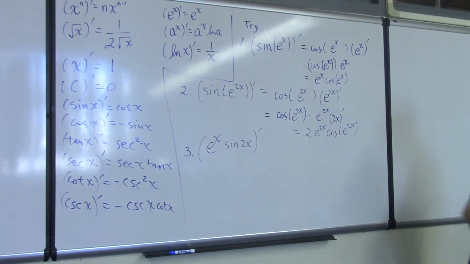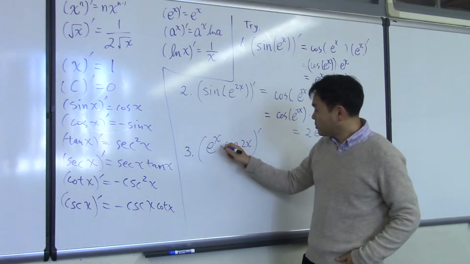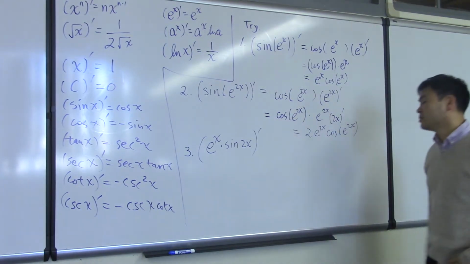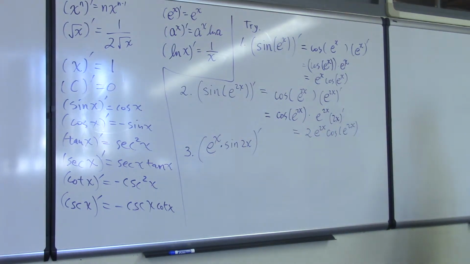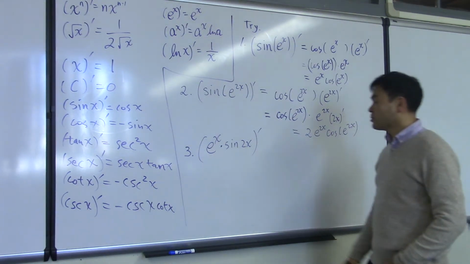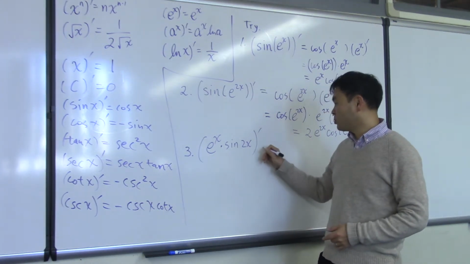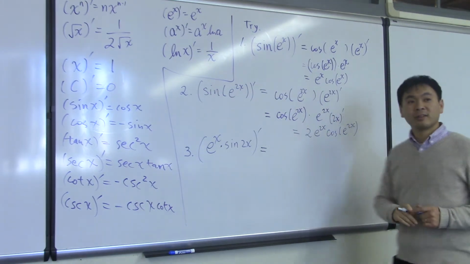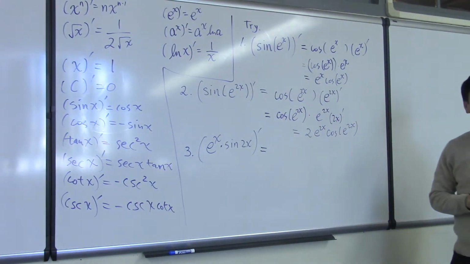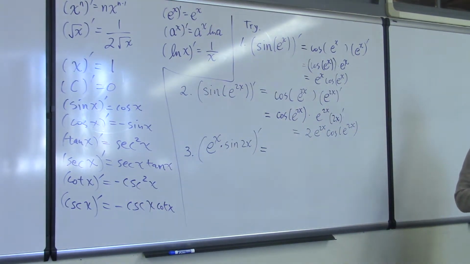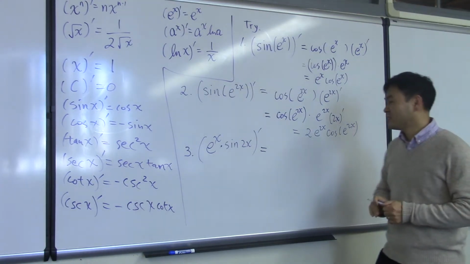This is a product of two functions, e to the x and sine 2x. You're differentiating a product of two functions, therefore you use what? Is it optional, or do you have to use it? You have to use it. It's not optional.